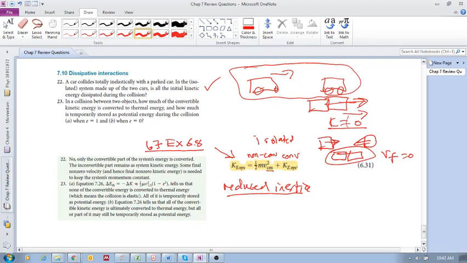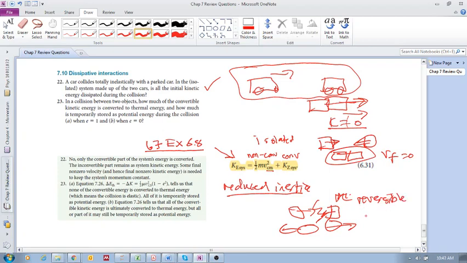If we use this equation, we can see that none of the convertible energy is converted to thermal energy if we have an elastic collision. Does this make sense? Elastic means you've got two objects, they collide, and then they bounce off each other and start moving again in the opposite direction. Elastic means that the initial and final relative velocities are the same, which means it is a reversible interaction.